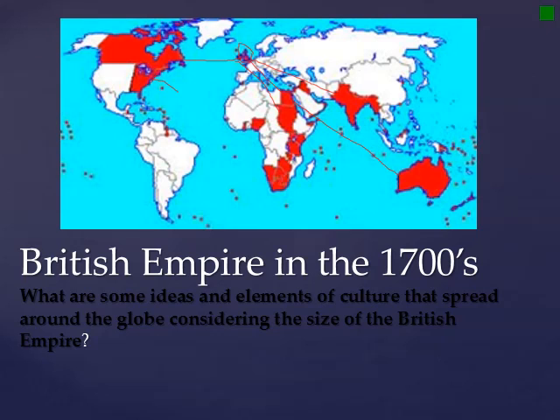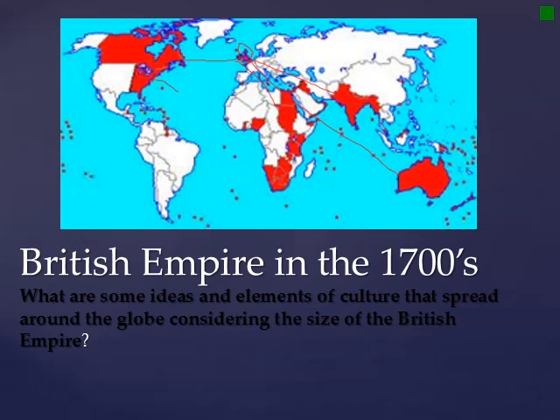This slide represents the size of the British Empire in the 1700s. And as we can see during this time, this would be Britain, and you can see the areas in red are areas that were under the control of Britain at that time. Now, being under the control of Britain resulted in the diffusion of several elements of culture, such as language, government, holidays.